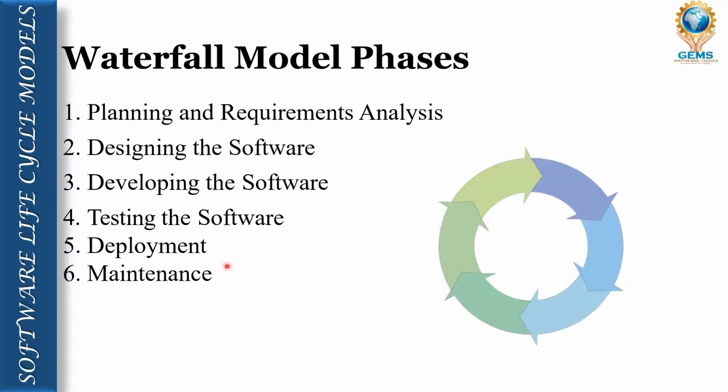Then deployment, maintenance. Here, designing the software means we are going to design the frame or layout of the software based on requirement analysis. And once the designing or framework is done, then we will go for the development of the software. So all these 6 phases we will see here one by one.